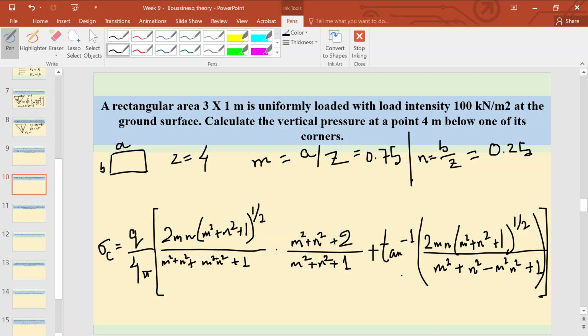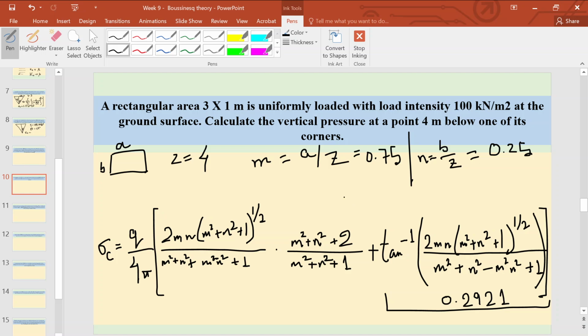So if you solve this very carefully, step by step, this part, the tan inverse part, you will be getting an angle. The angle you have to convert into radians. That is very important. If you don't do it, you will get a wrong answer. So this part, the value approximately will be 0.2921.